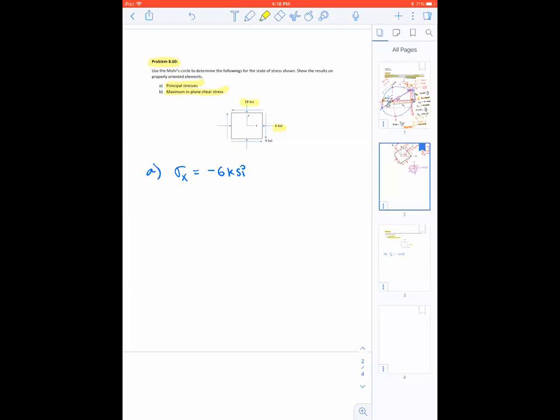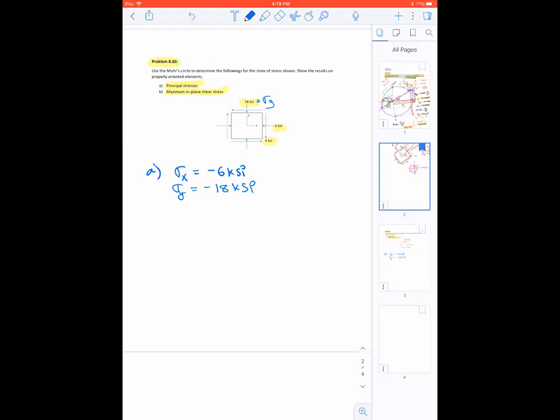The first thing in this problem, Mohr circle or stress transformation, is to list out how much is sigma x, how much is sigma y, how much is tau xy. You can see that your sigma y, which is this, is also compressive, so it will be a negative stress. And this one is your shear stress.